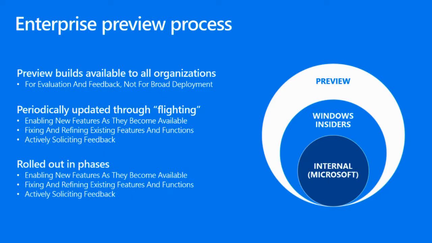So it's useful for you to sign up for the Insider program and start testing these out before they've even hit the real world. You can test them out in your lab. You can set up some machines that are directly on the consumer branch of Windows that get those new features as soon as they're released. You can then have the rest of the machines receive a very well-tested and verified component that you've already provided feedback for well in advance. You can do all of this using the Insider program.